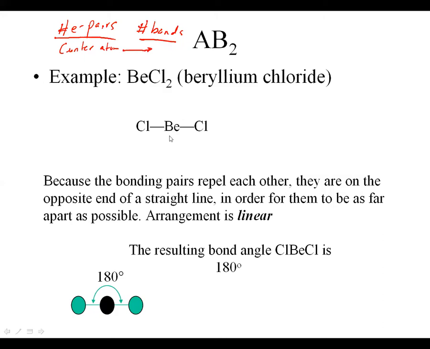So here, if we look at Be, which is our center atom, it has 1 and 2 electron pairs. And it also has 2 bonds when we look at it.